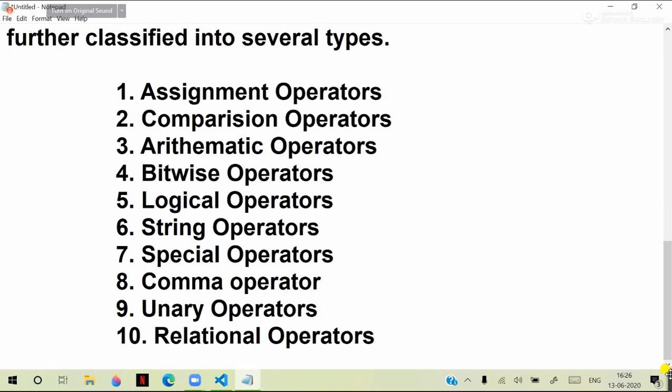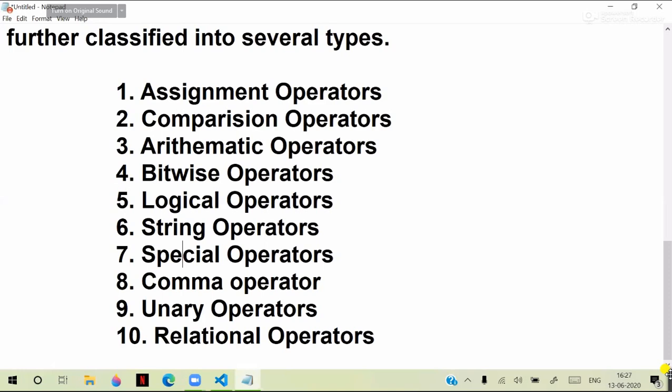So arithmetic operators, logical operators, relational operators, comparison operators, bitwise operators, unary operators, and the comma operator, and we have several special operators. So in JavaScript, operators are classified into several types.